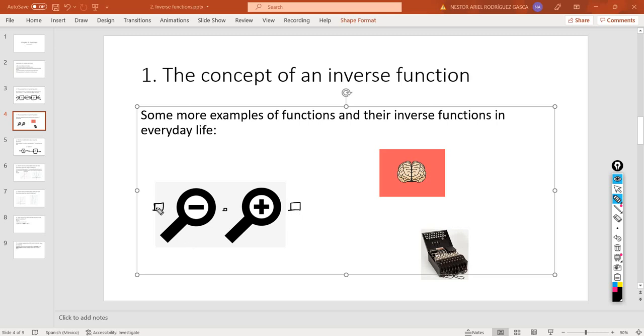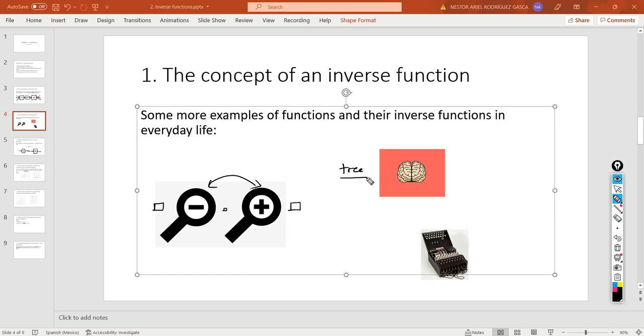We shorten the size and then we enlarge the size: inverse functions. I was telling one of your classmates that the brain is very peculiar because it can act as a function and also as its own inverse. This is a machine, guys. Think about this.